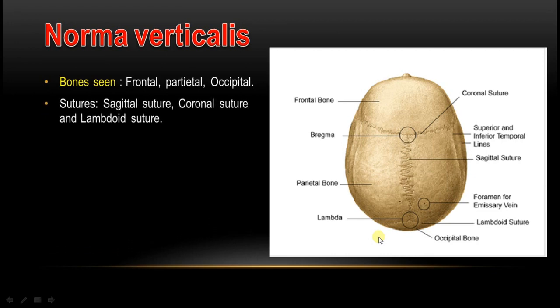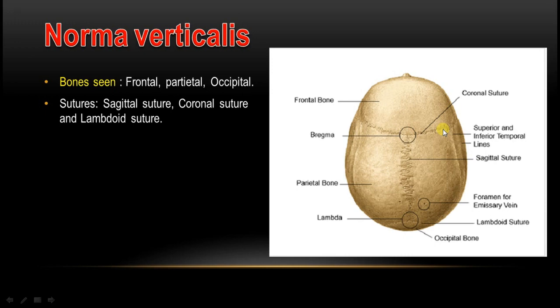Now, certain sutures you are able to see. One suture is the sagittal suture. The sagittal plane of the body divides the body into two equal halves; since this suture is present in that plane, it is called the sagittal suture, which is present between the two parietal bones. The suture between the parietal and the frontal bone is called the coronal suture.